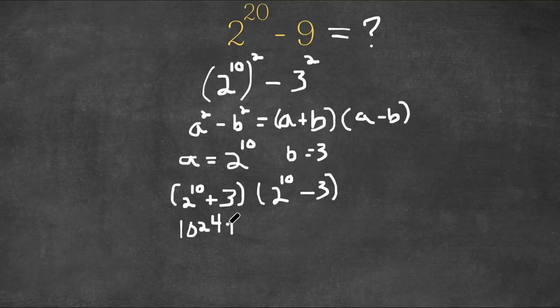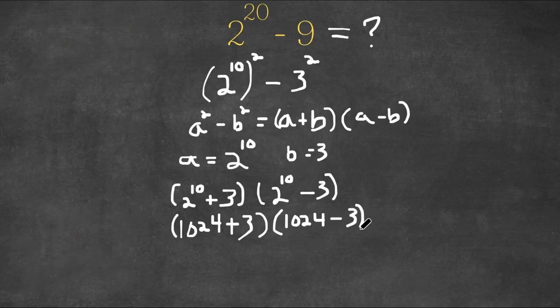And we still have our plus 3, and now we have 1024 minus 3. Now, 1024 plus 3 is 1027, and 1024 minus 3 is 1021.